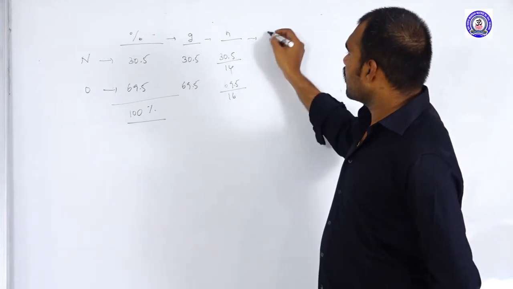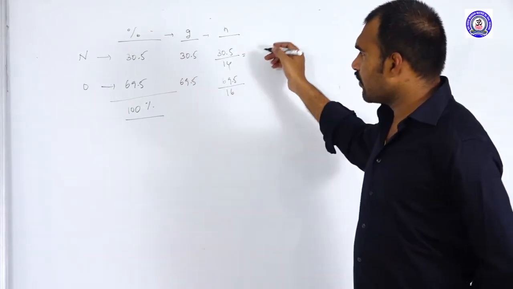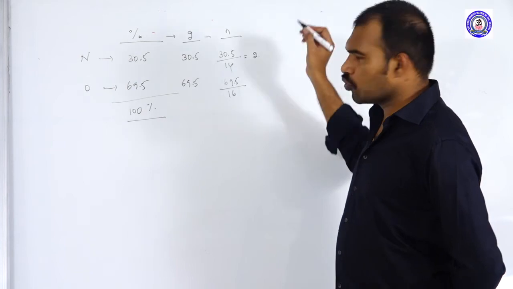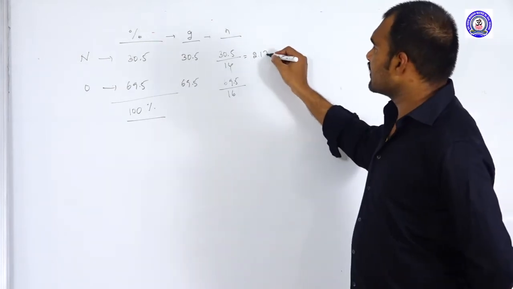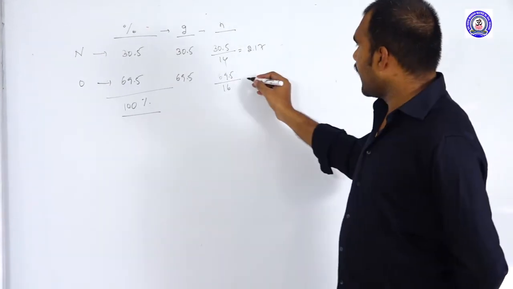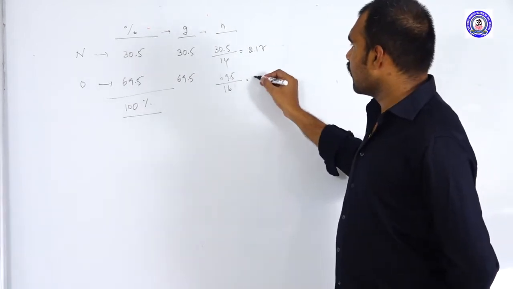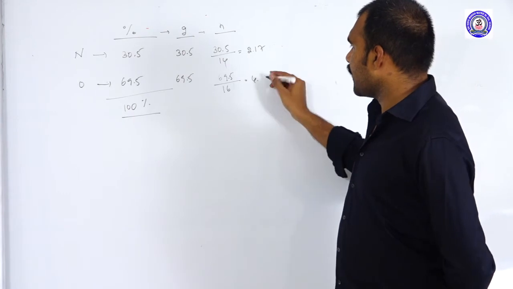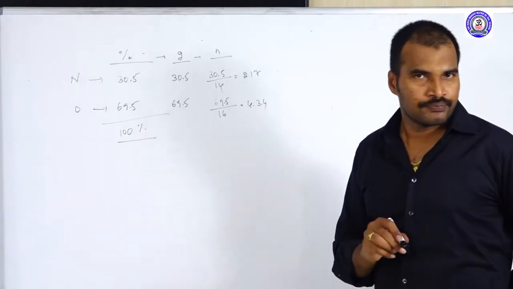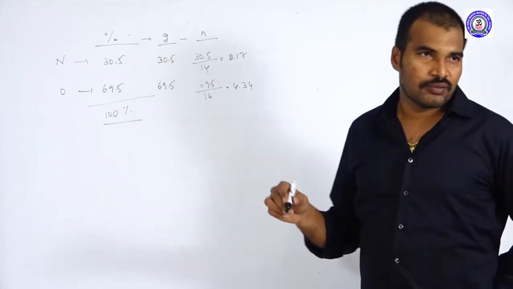Okay, thereafter, what is the value? 30.5 by 14 means it will be around 2.17. And 69.5 by 16, so it will be around 4.34. This is the number of moles of atoms.